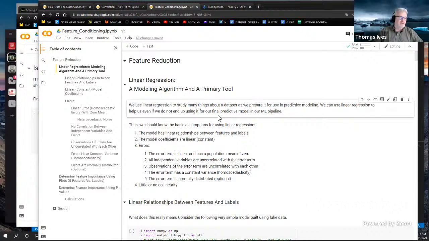That's why we spend so much time on it, and it really does enhance your understanding. But we do hope to spend plenty of time on the tree methods. But we can use linear regression to help us even when we do not end up using it for our final predictive model in our ML pipeline. Now, have you all heard of the curse of dimensionality?